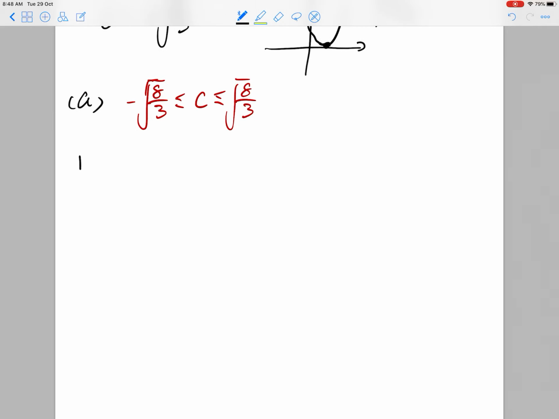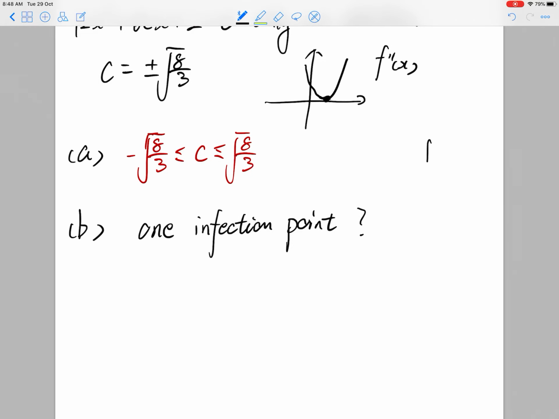Then for part B, is it possible that there's only one inflection point? For one inflection point, it's impossible because we know the second order derivative is a quadratic function. For quadratic functions, there are only 3 cases. This case, we already proved there's no inflection point.